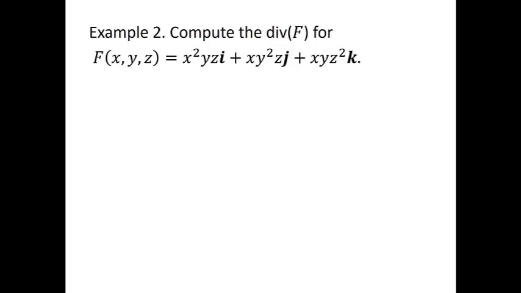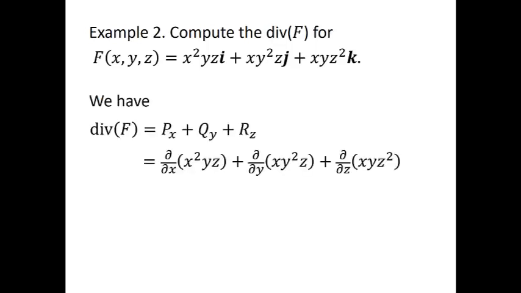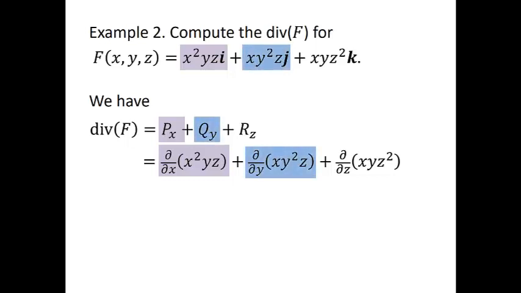Let's do a quick example. Let's compute the divergence of F for this same vector field we had in our previous example. Here's our formula. So for the divergence of F, we want to take the partial derivative with respect to X of our i component, x squared yz, plus the partial derivative with respect to y of our j component xy squared z, plus the partial derivative with respect to z of our k component xyz squared.